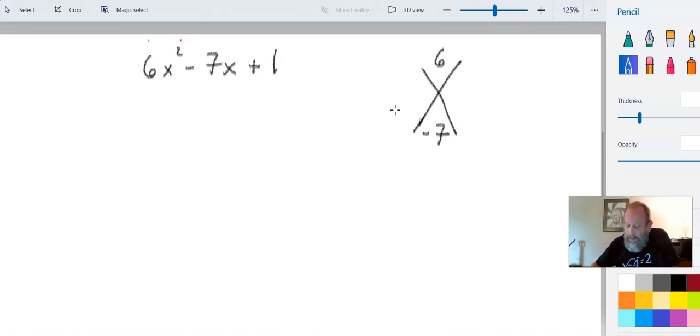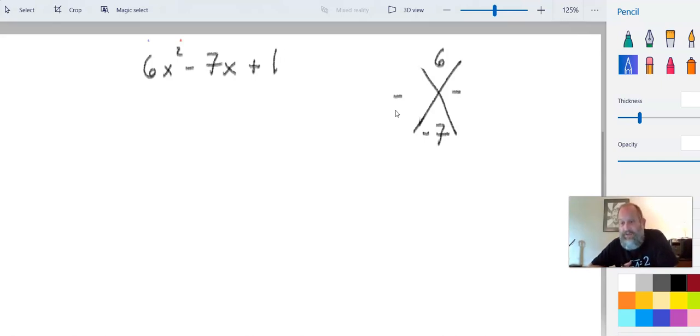Okay, so I want a product of 6 and a sum of negative 7. Well, here's some things we can figure out. The product is positive, which means it's either a positive times a positive or a negative times a negative. The fact that the sum is negative means that both of my numbers that I'm adding together are going to have to be negative.